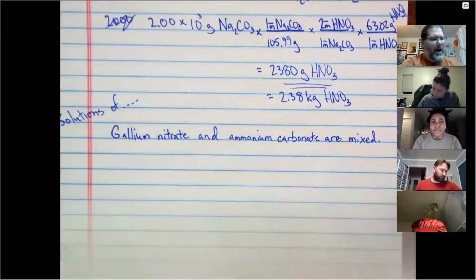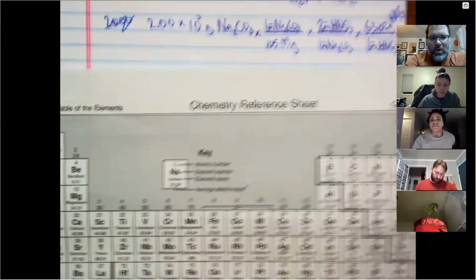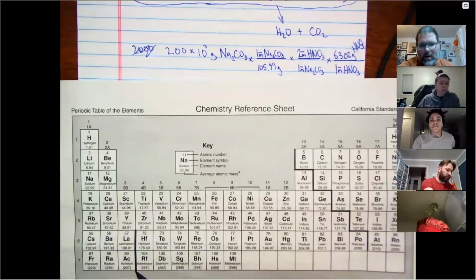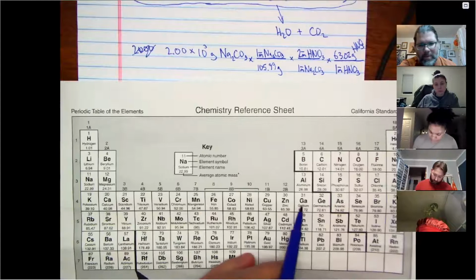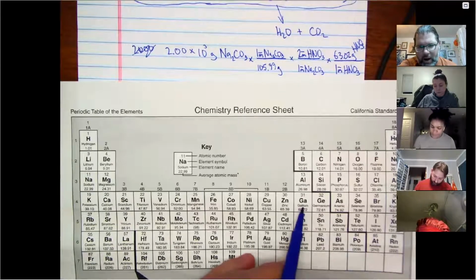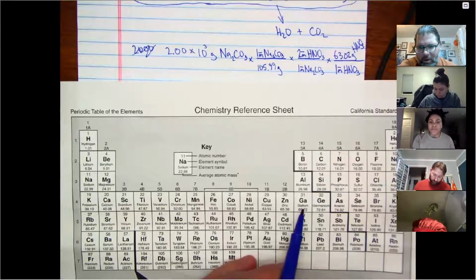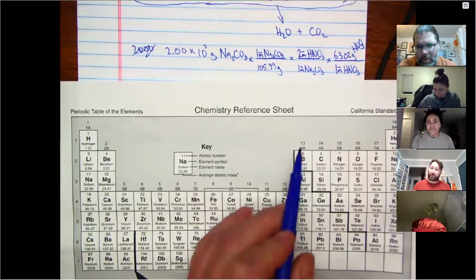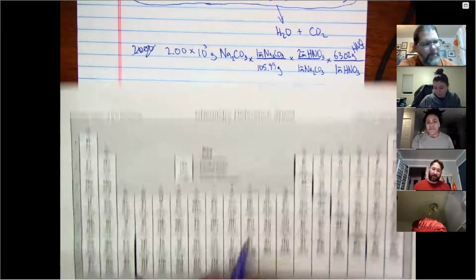So you will have your periodic table available to you. Here's gallium, the metal in an ionic compound. What's gallium's charge in an ionic compound? +3. Has to be +3. It's a group 3 metal, right?